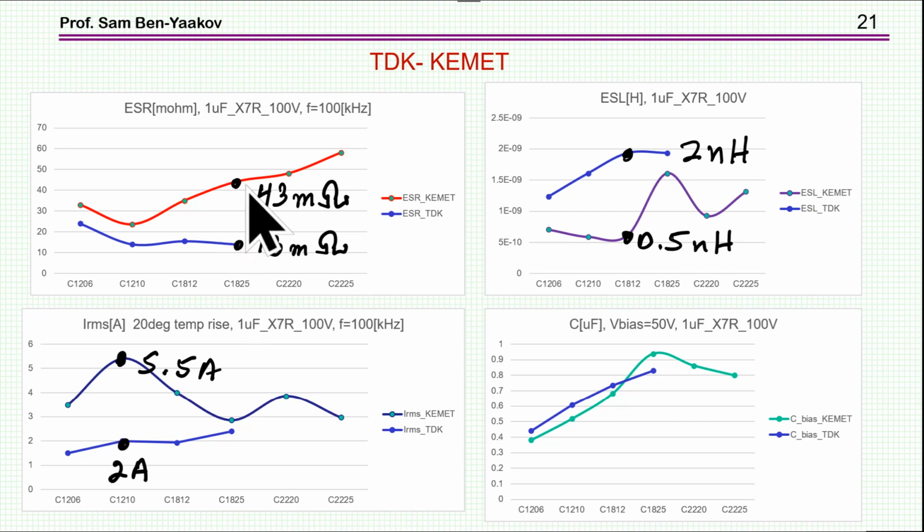That is, the Kemet current should have been lower than this one. Now, obviously, or probably, this has to do with the way it was measured, the way the capacitor was mounted on the PCB, how much copper was around it. All this information is not given. We don't know what it is.